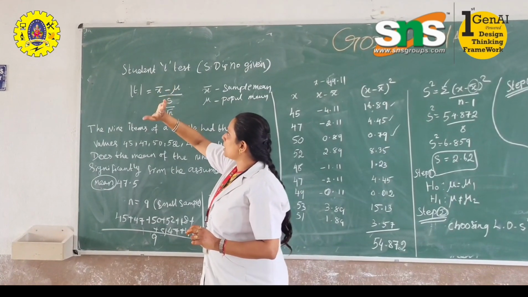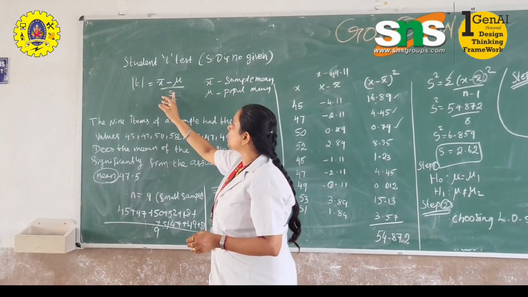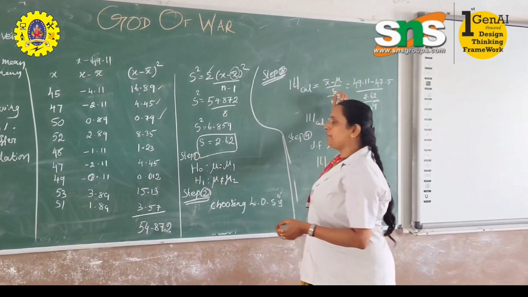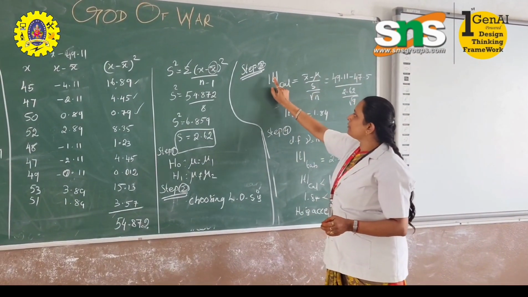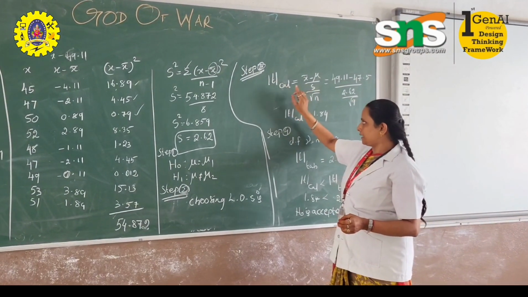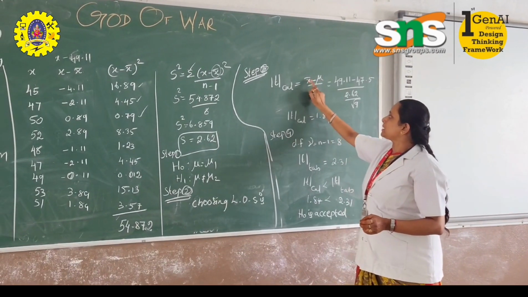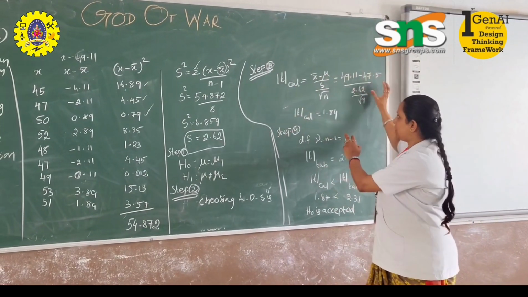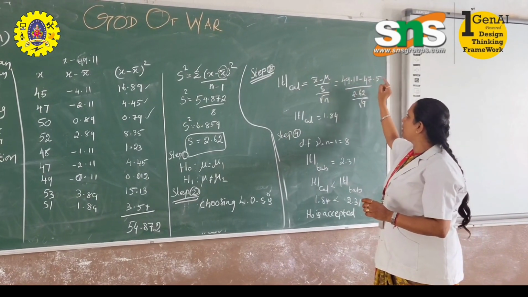We have to find the t value. The calculated value t equals x bar minus mu divided by s by root n. Substituting all the values: x bar is 49.11, mu is 47.5, S is 2.62 and root n is root 9.